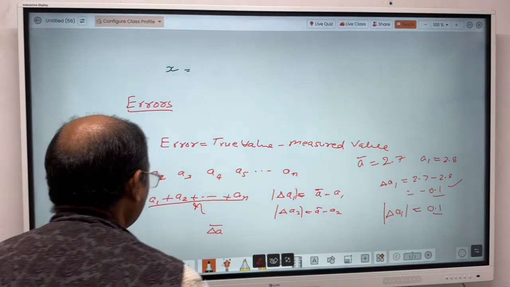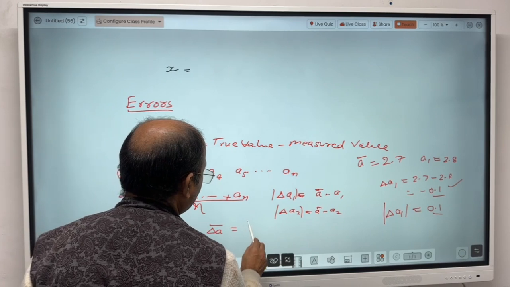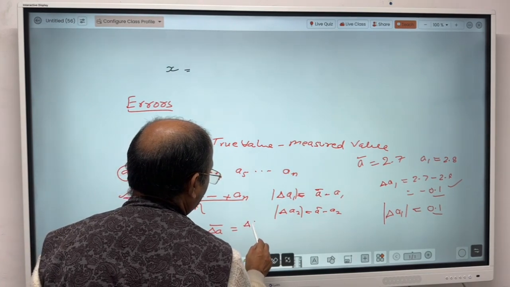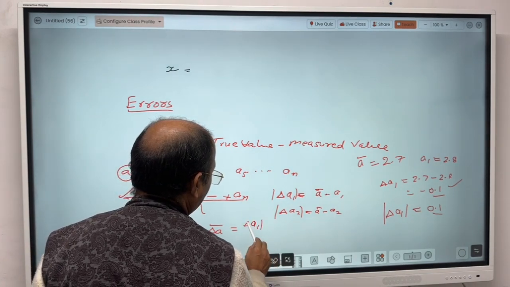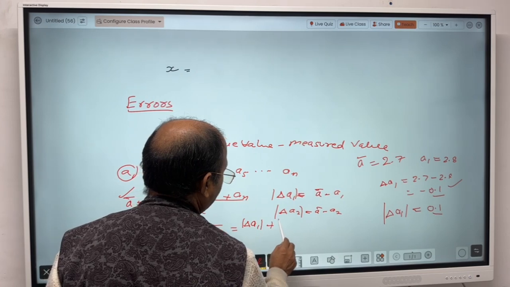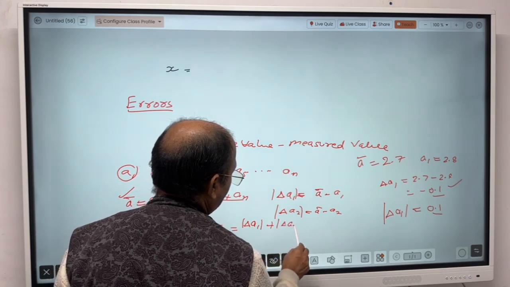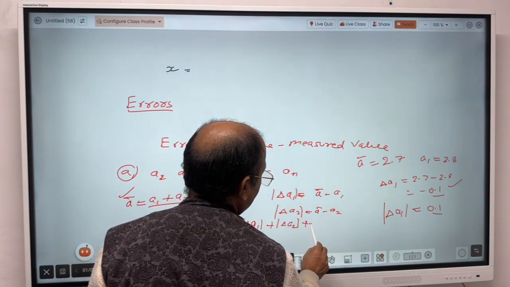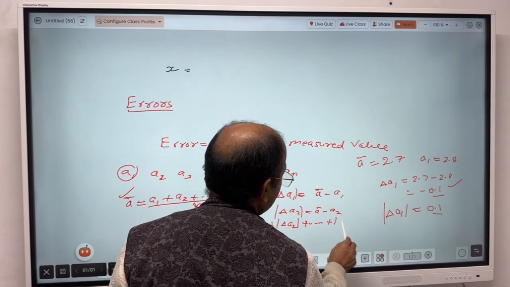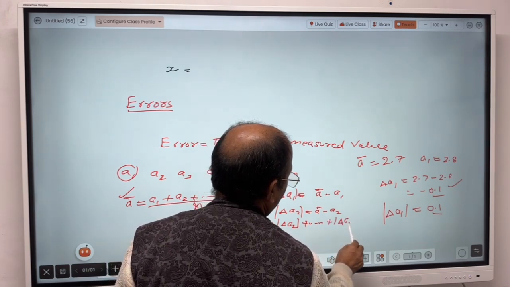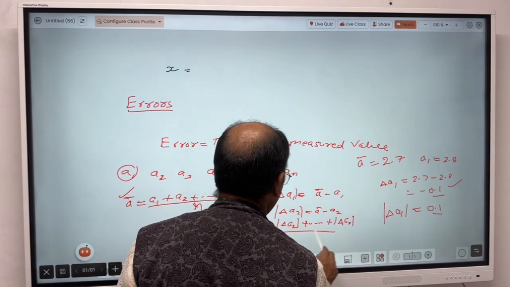So delta A average will be equal to modulus of delta A1 plus modulus of delta A2 plus dot dot dot plus modulus of delta An, divided by n.